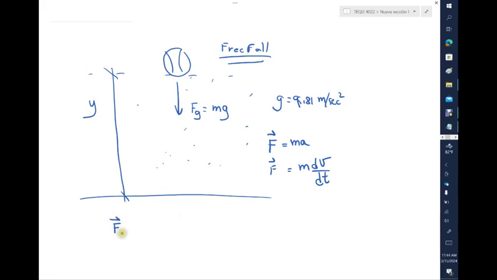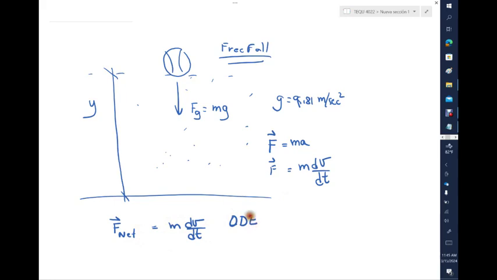The net force applied to this object is equal to m times the change of velocity, and this becomes what we call an ordinary differential equation.